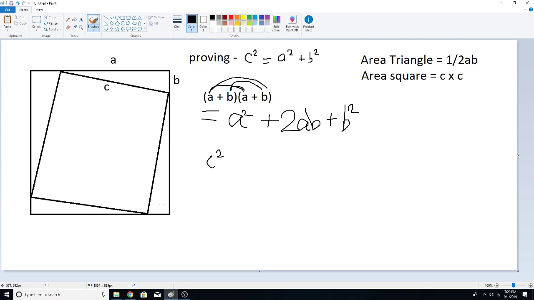Now, when we get the area of the four triangles, what we're doing is we're just minusing the area of c squared away from A plus B multiplied by A plus B. So, essentially, I'll take this away and get rid of this and this as well.